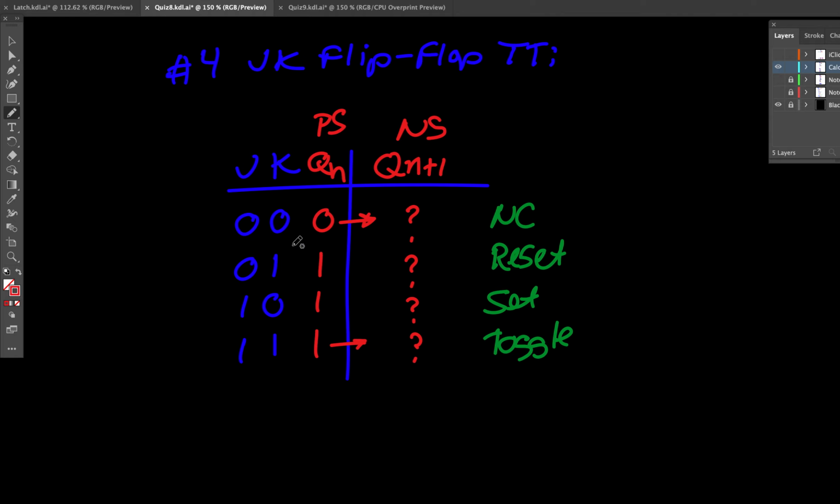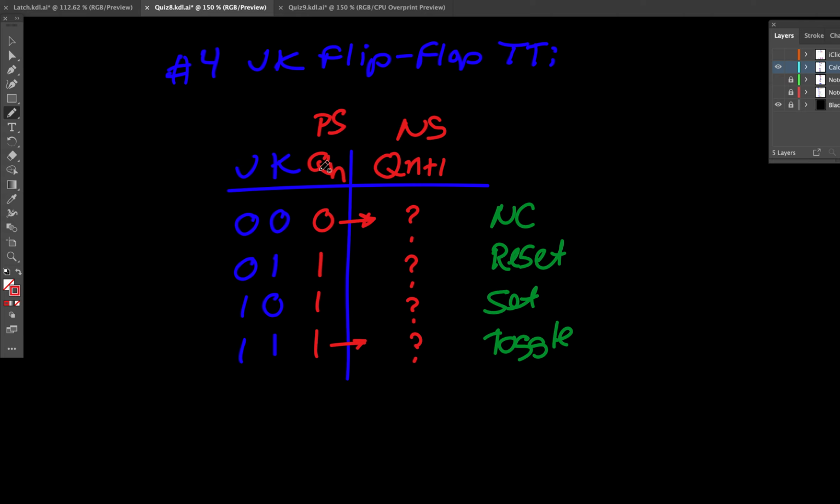In this particular case, you will be given this blue chart and the red markings up here. You will not have present state and next state written, nor will you be given these. So you'll have to understand how to do this. Let's fill in the next states associated with the situation of giving two inputs plus a present state. Now notice again that the next state depends upon the present state and the inputs.